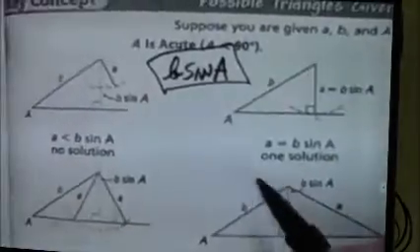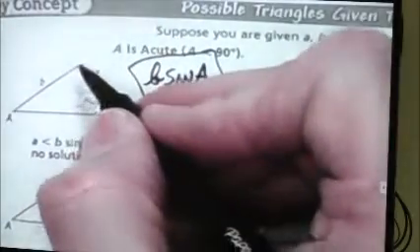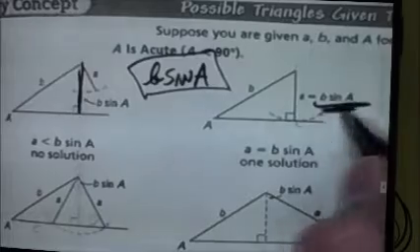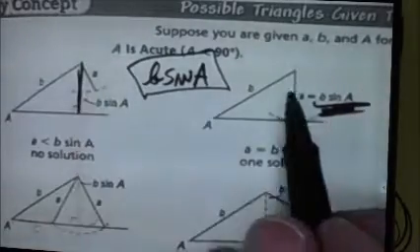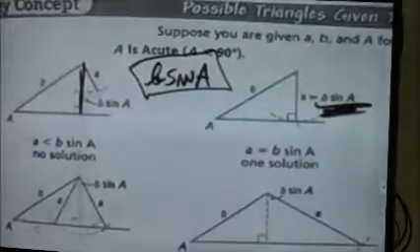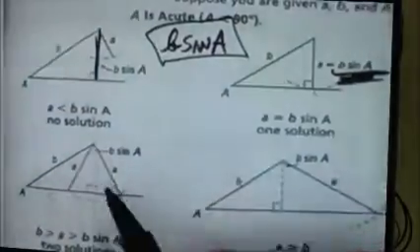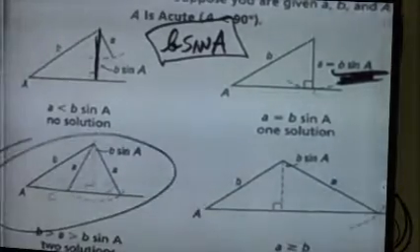That's the key to the whole thing, because that's the exact length you need to make a right triangle, B sine A. So if A is smaller than that, then you can't use it. If A is bigger than that, then you have 2 triangles. And that's the key that we're going to focus on right now.